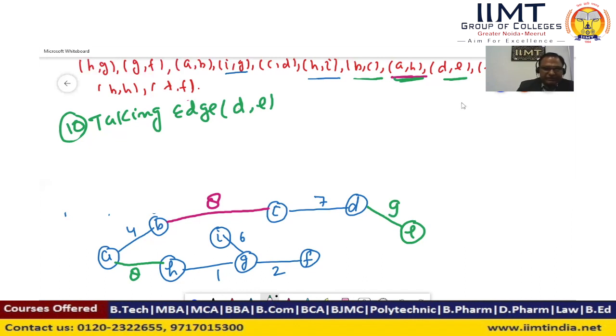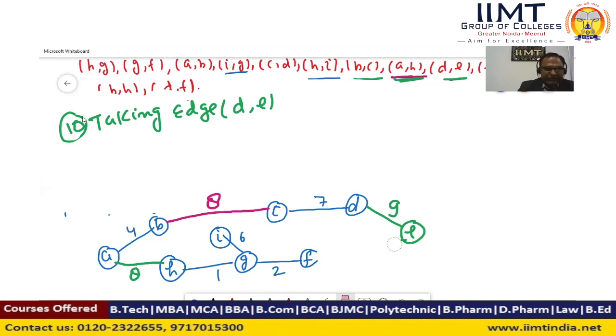Now the next is E comma F. Can we consider it? If we take it, it will create a cycle like this. This is a cycle. So it is rejected.